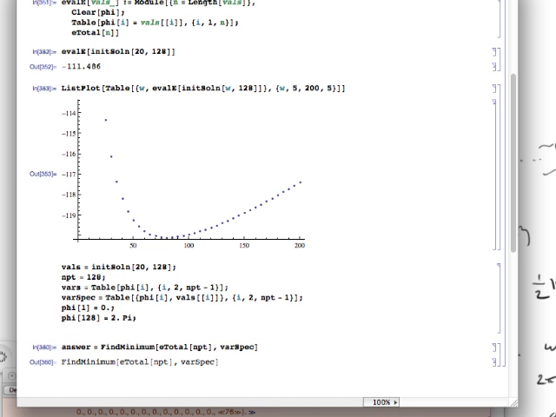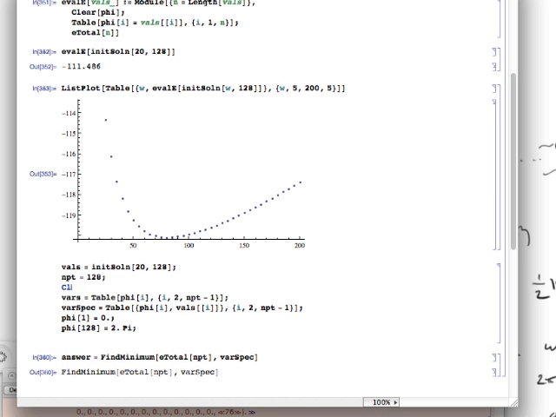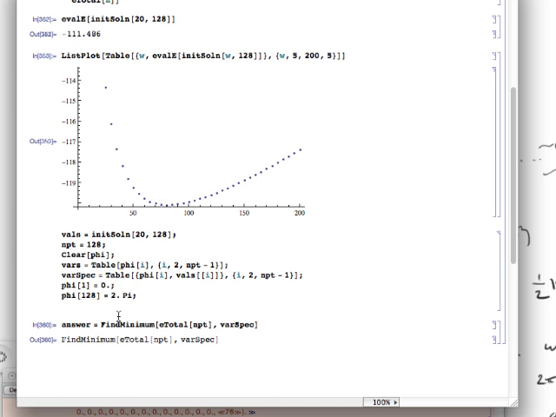So what I need is that the values of phi are not yet defined when they get passed to the find minimum function. So I'm going to put this clear phi statement in here because phi got set up there. And now let's try it.